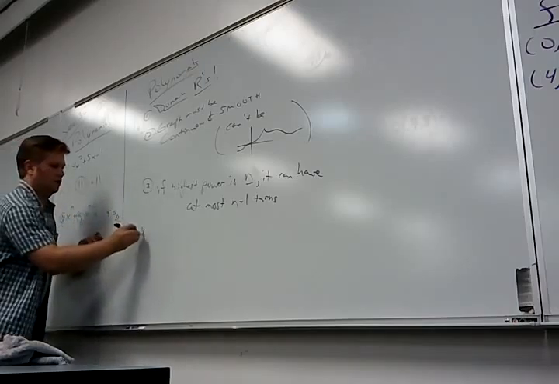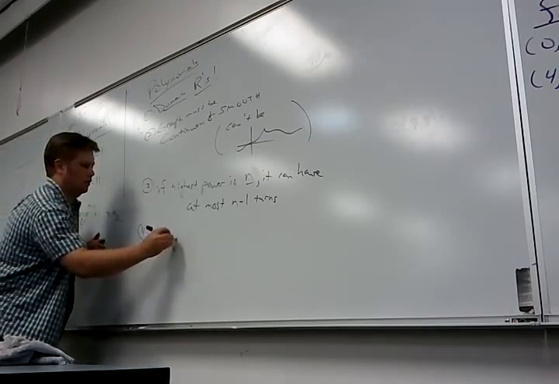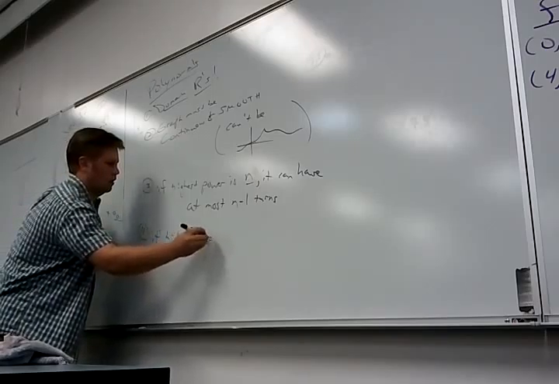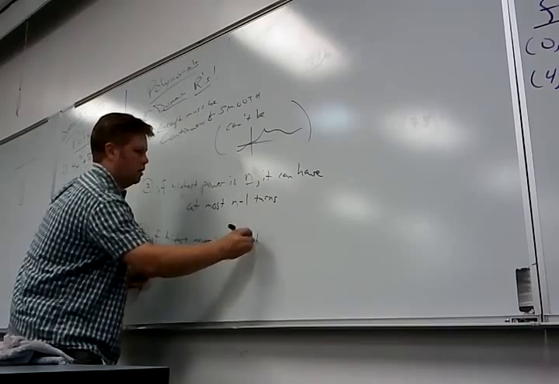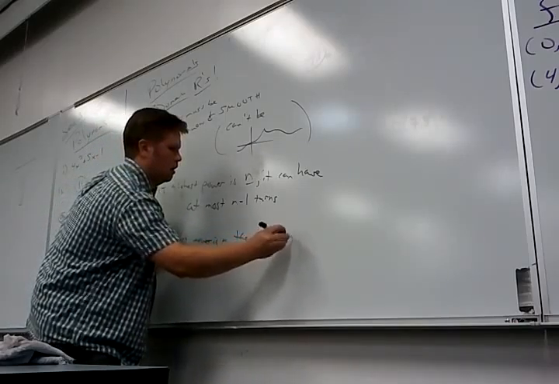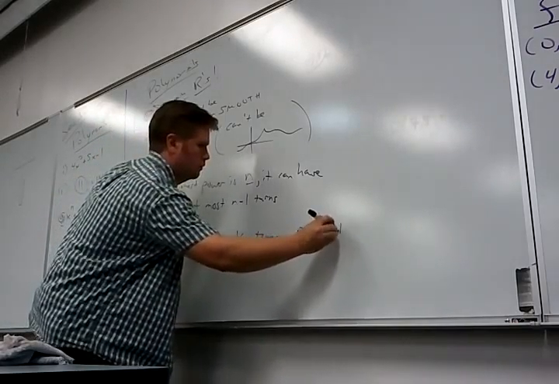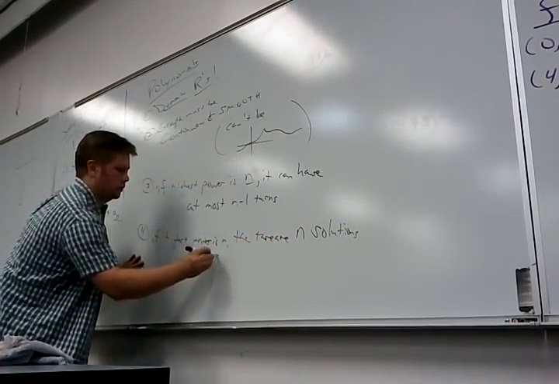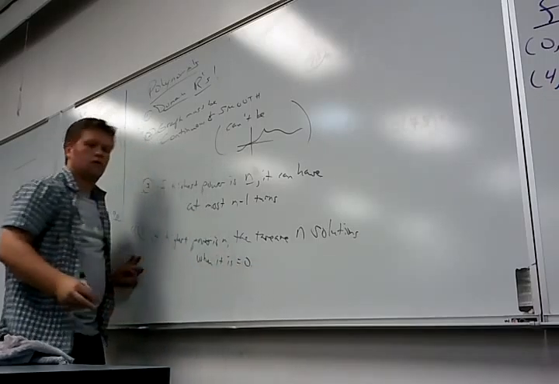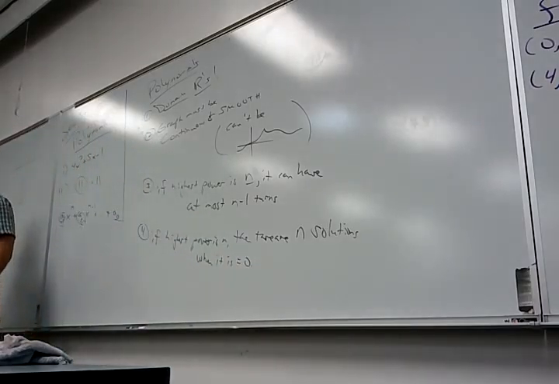Which is kind of why it makes sense that if the highest power is n, then there are n solutions when it is equal to 0. Now those solutions could be real or complex.